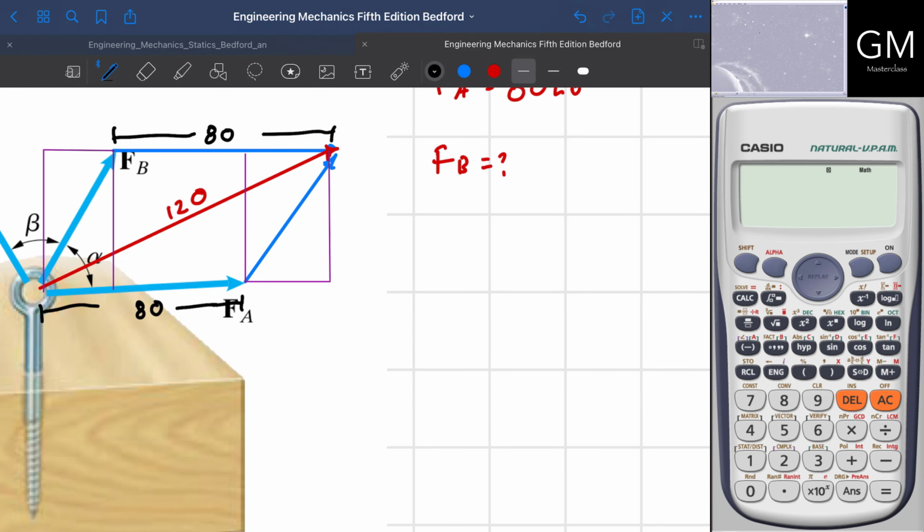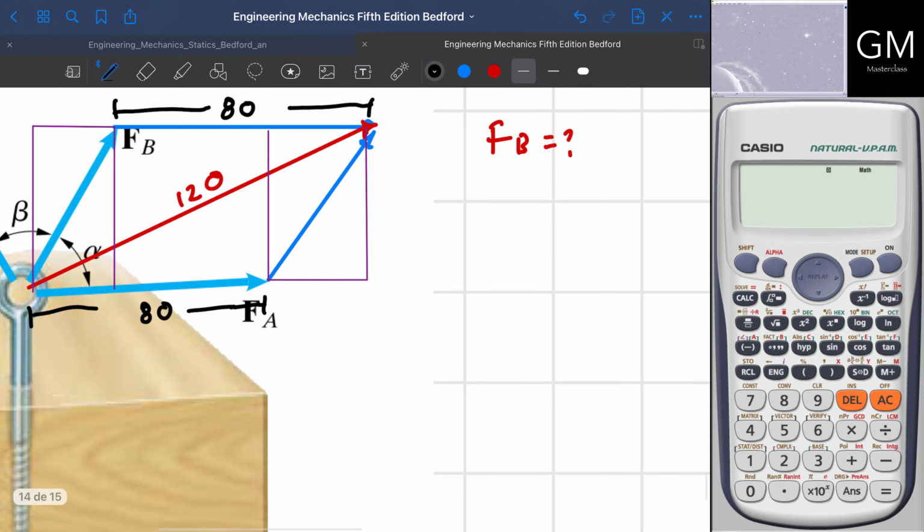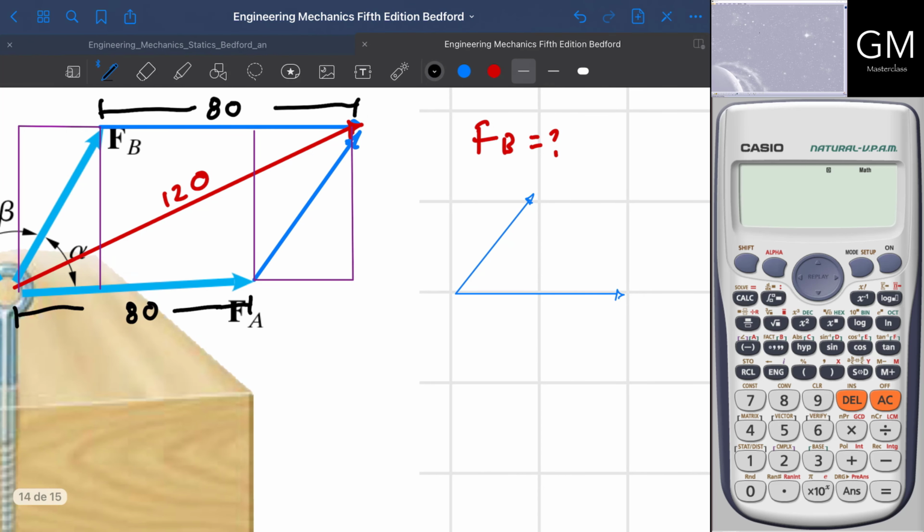So what I'm going to do now, for teaching purposes, is redo the sketch of a triangle that I need. Remember that you can do this on the same diagram, but I want to do it here for me to be sure that you are understanding correctly.